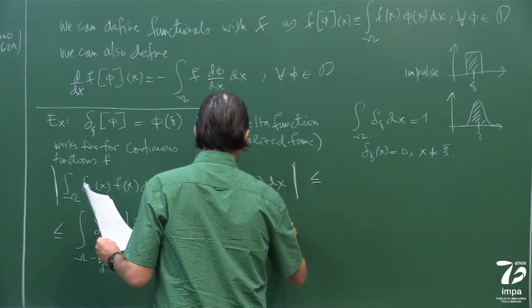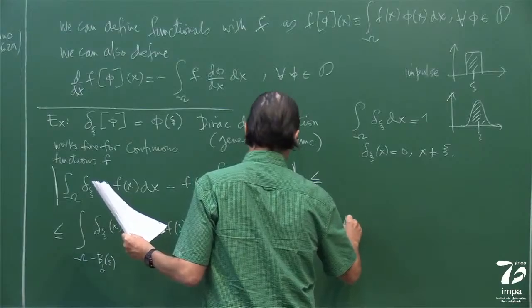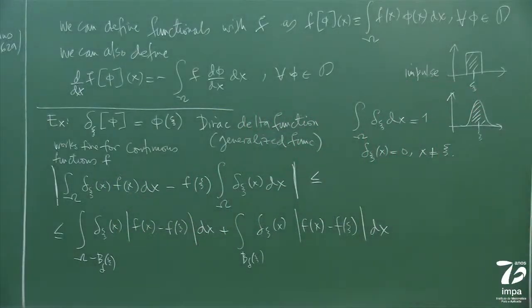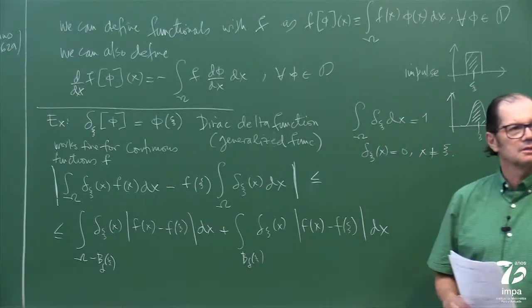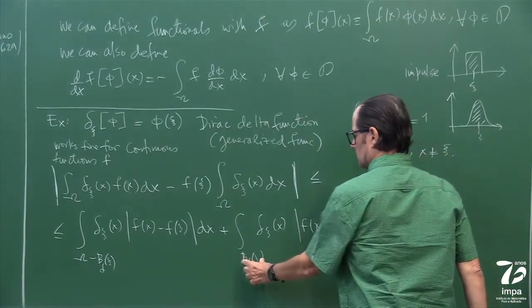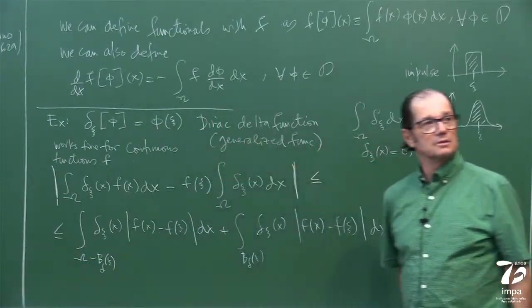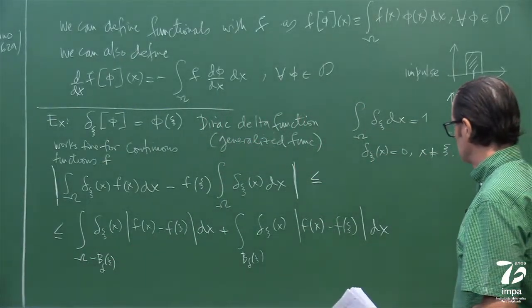I just skipped a simple step, but I think you can see what I did. I just put these together inside the integral, and then I broke the integral into a part around the small ball and the rest.